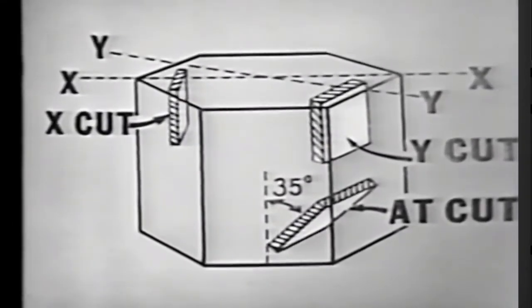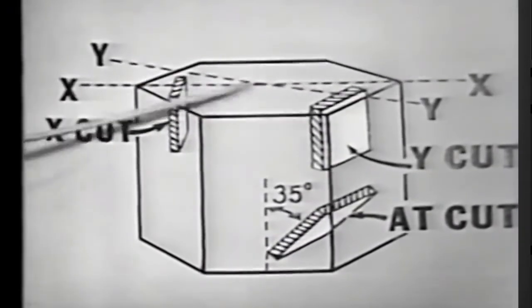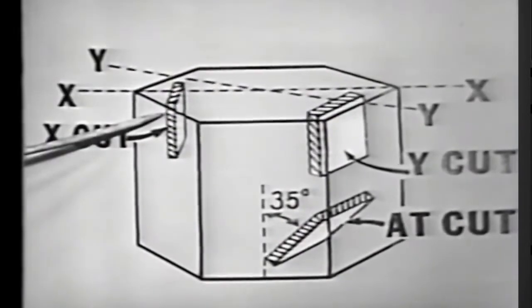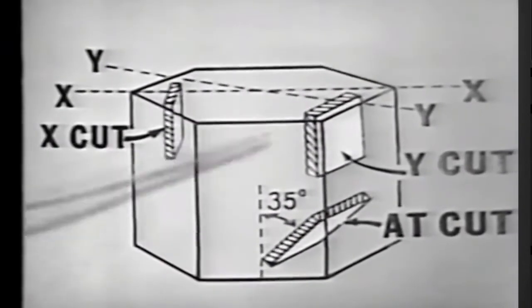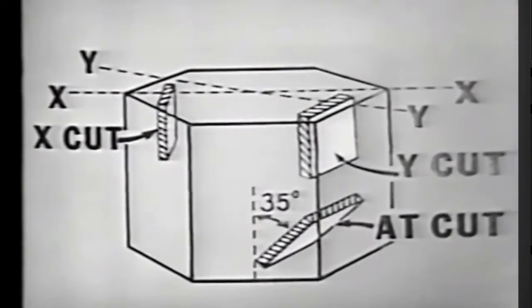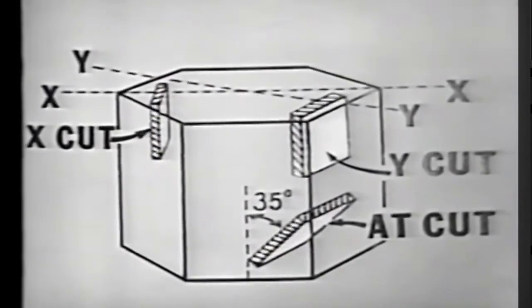The first cut is made perpendicular to the x-axis, which you will recall passed through the corners of the crystal, perpendicular to that axis and parallel to the z-axis. Now, to get a more realistic view of this cut, let's go to a mock-up. Remember, we're considering the x-axis passing through the corners of the crystal.